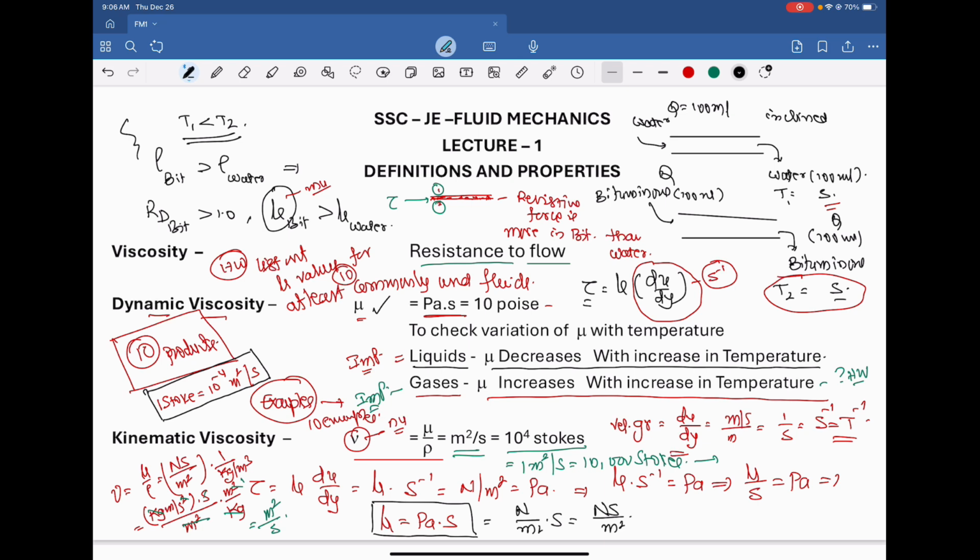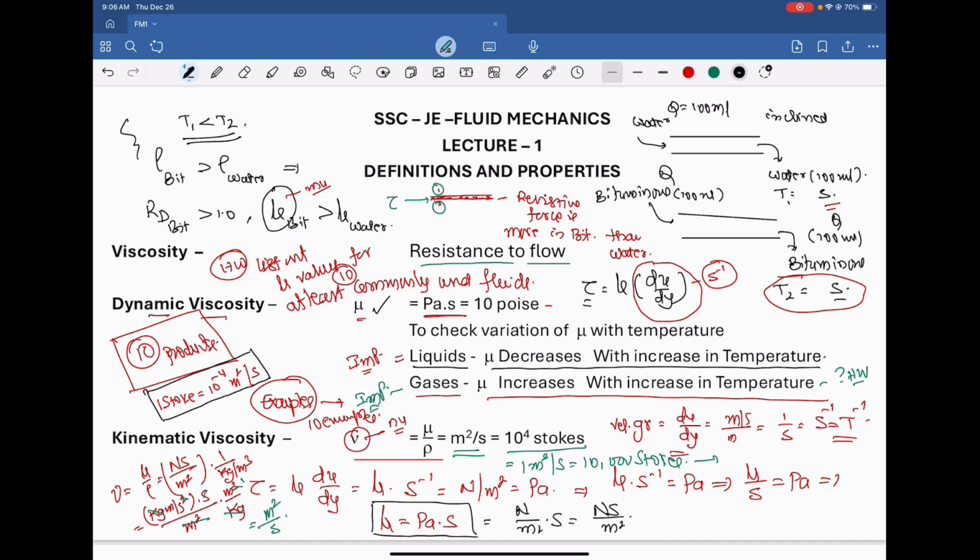And then another important one: in liquids you find out the variation of dynamic viscosity with respect to temperature. Take a particular liquid like water, and you find out for various temperatures from literature or from standard books how mu is varying.